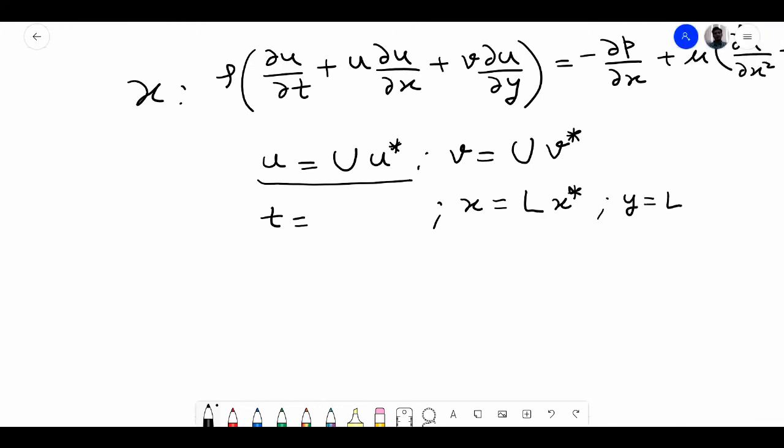We can define a dimensionless y star, and let us assume that the characteristic scale in the y direction is also L. The length scale is L. Now for time, either we can have some t star, or we can just make use of these characteristic scales L and U to define a scale for time. So this will be L by U, which has units of time, and t star is a dimensionless time.